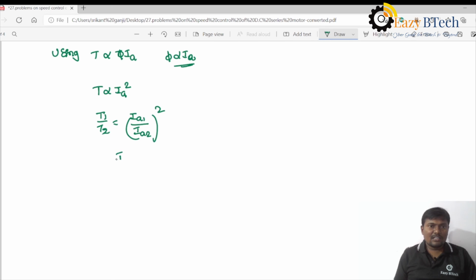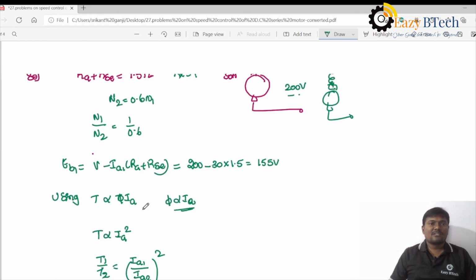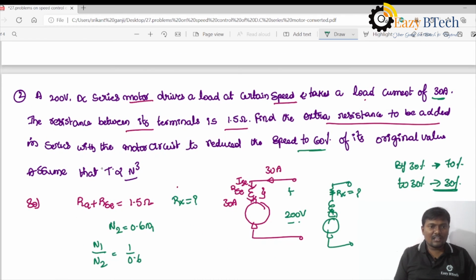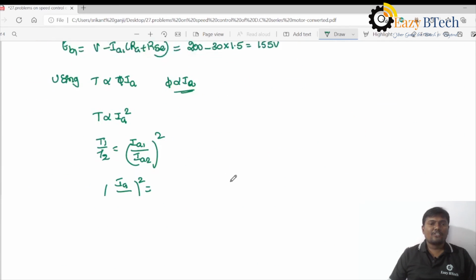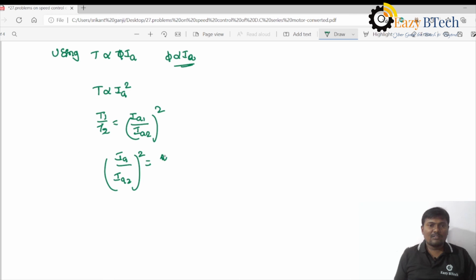But torque, see here, in the problem it is given that torque is directly proportional to N cube, means N1 divided by N2 whole cube. So what is Ia1?